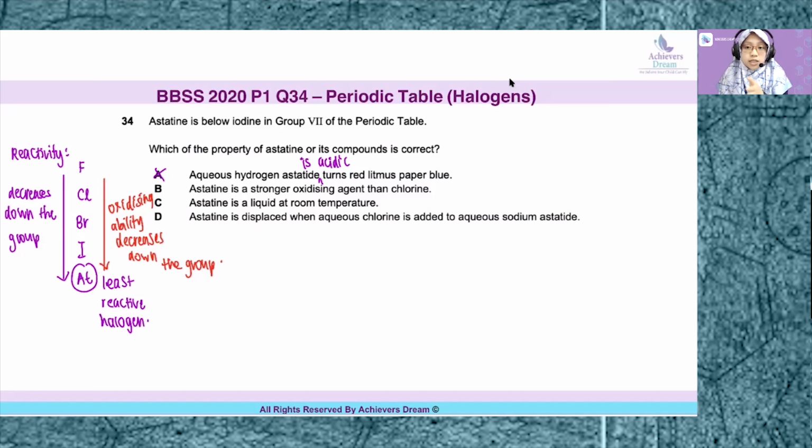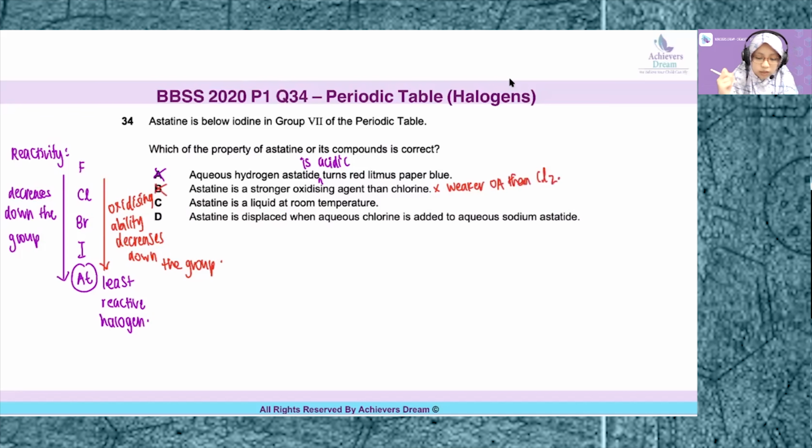Hence, its oxidizing ability is also lower. It's a weaker oxidizing agent compared to chlorine. So B is out. It is a weaker OA than chlorine.